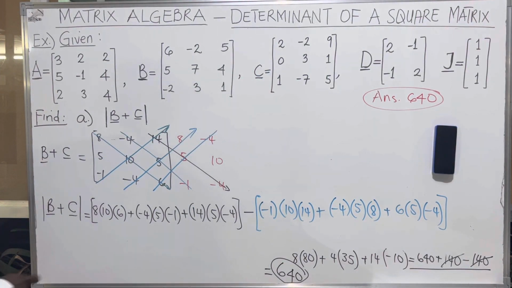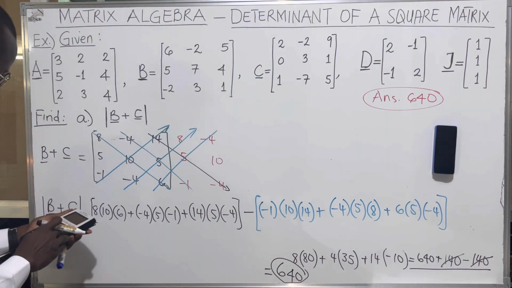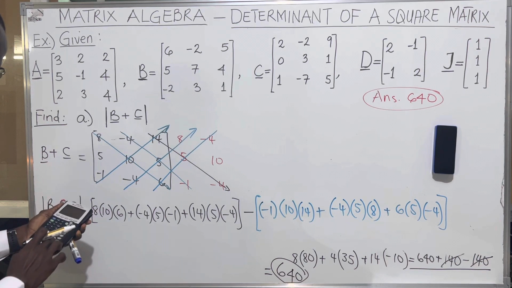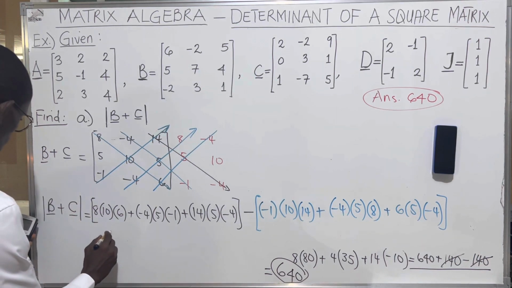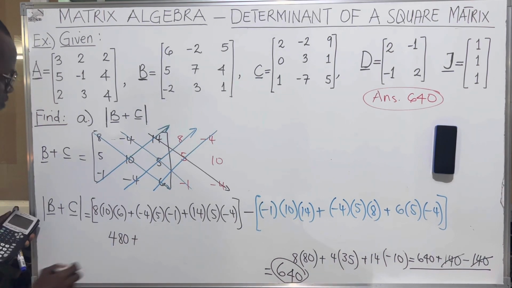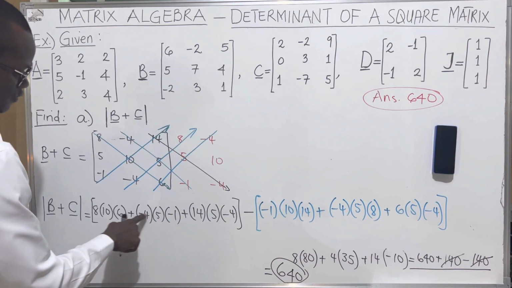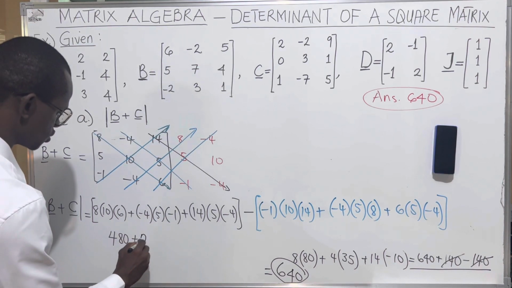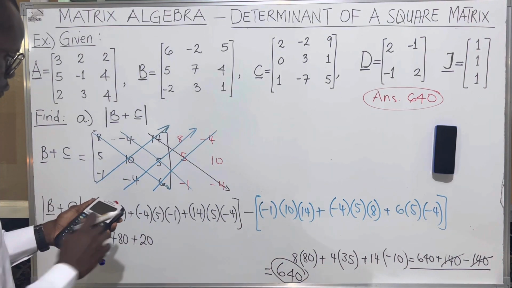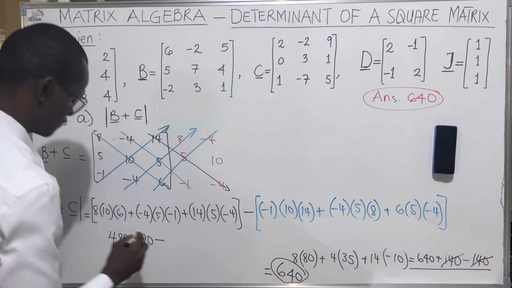So in the first area, you have 8 times 10 is 80. So it's 80 times 6 gives us 480. We have a plus sign here, but minus times minus is positive. 4 times 5 is 20, so it's 20. Then this one, we have 14. Now positive times negative gives us negative.